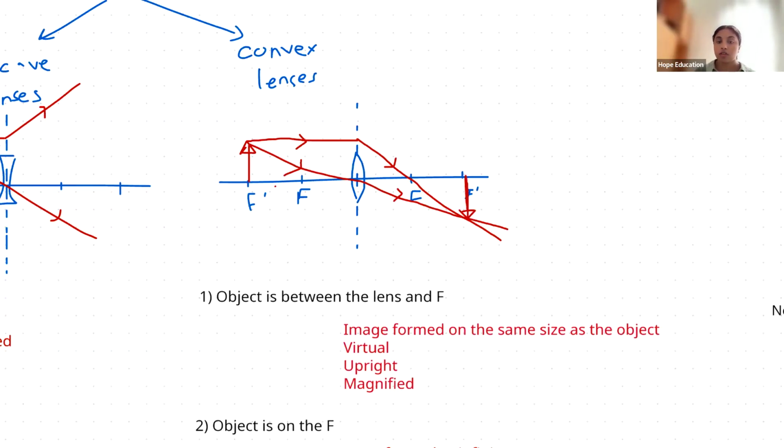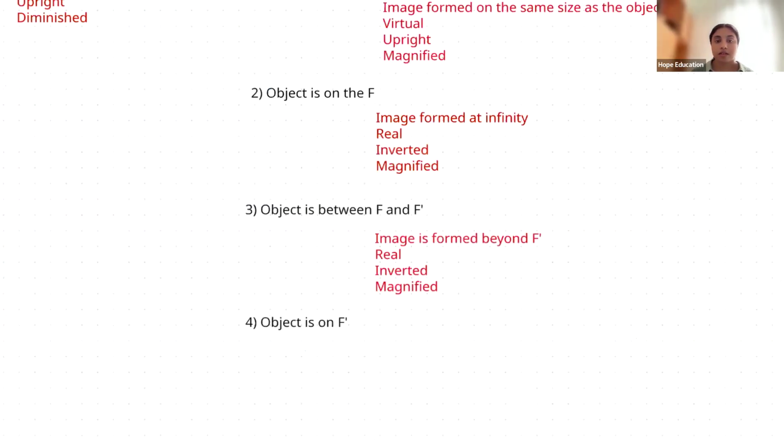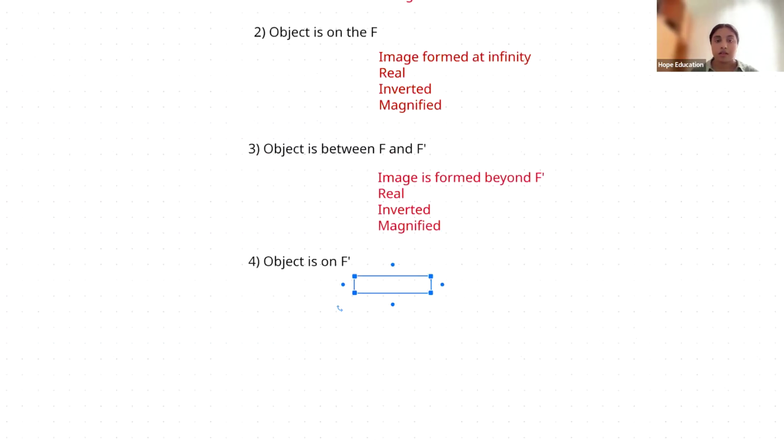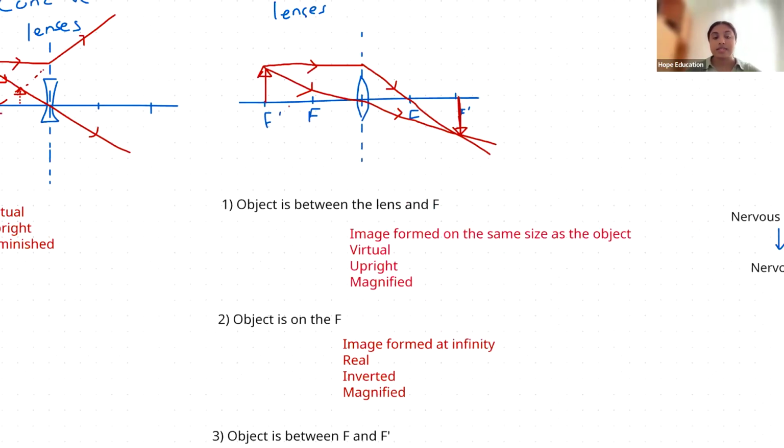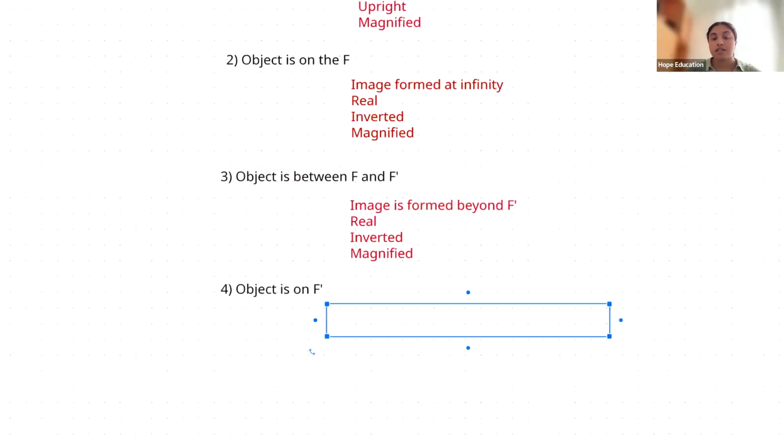That means twice the focal length on the other side. Okay. So the image is formed on f dash, that is twice the focal length. Is it a real or a virtual image? Is it inverted or upright? Is it magnified or diminished? Yes, it is a real image. It is an inverted image and it is the same size as the object.